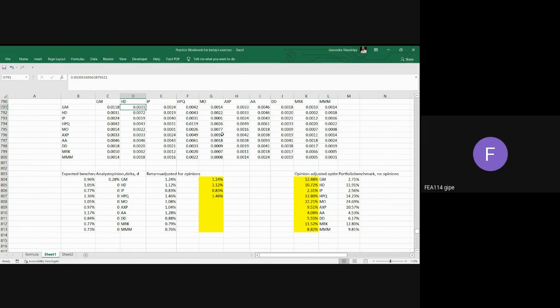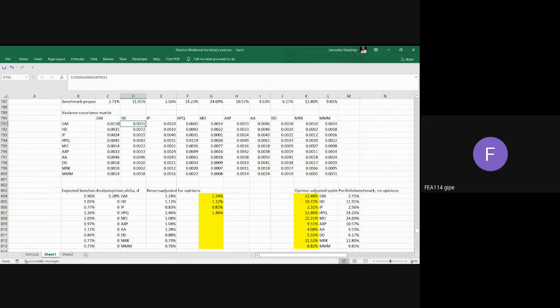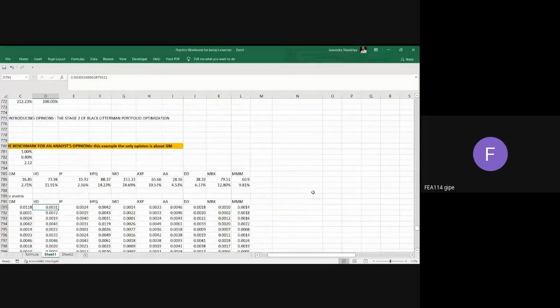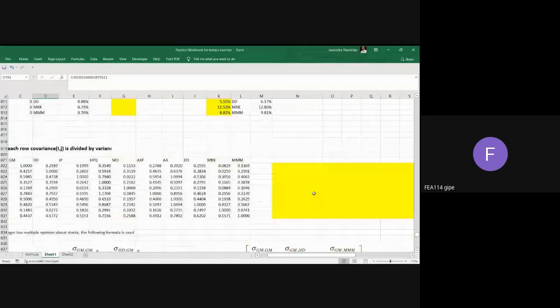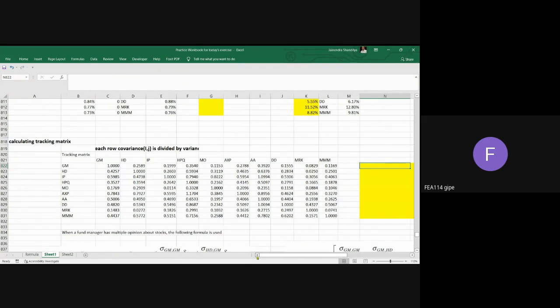So let's do this. How do we do this? Let's see how we are actually going to do this. Where are we? Yeah, so we are here. So I have selected this entire range. Just a minute, it has to be done manually.